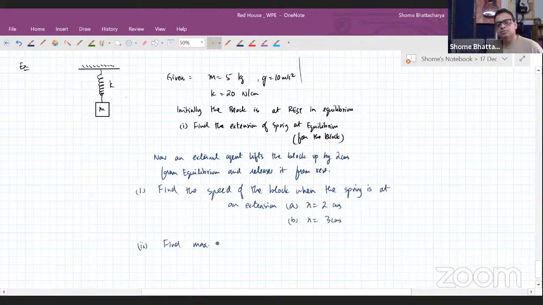Find the maximum speed of the block and find the maximum extension for the spring.